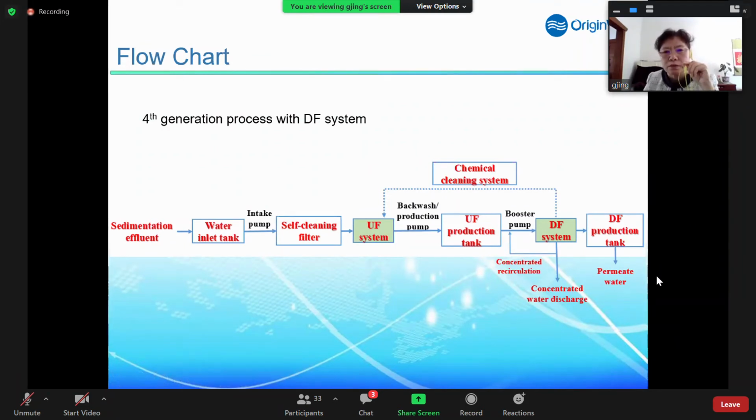I think it will increase the cost, but we get a better quality of water, but we also need to have some investment.